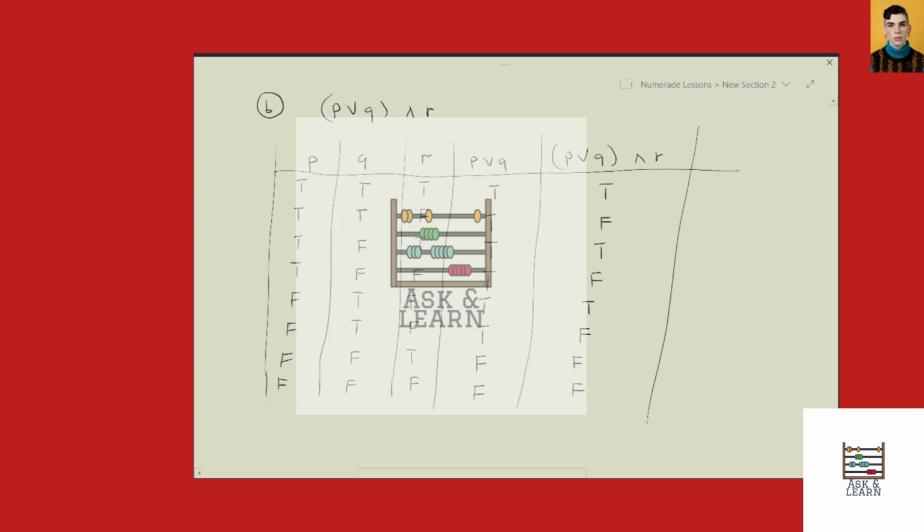So we only find this and that as true, and that's when the and would be true. Okay, let's go to the next one.